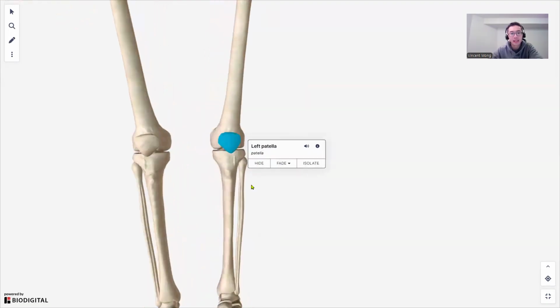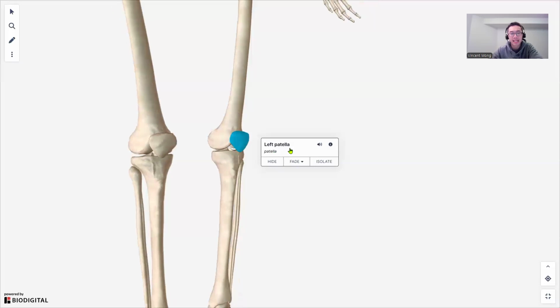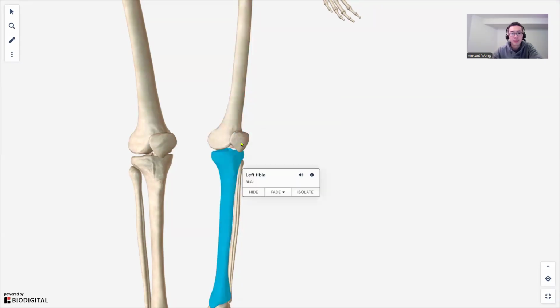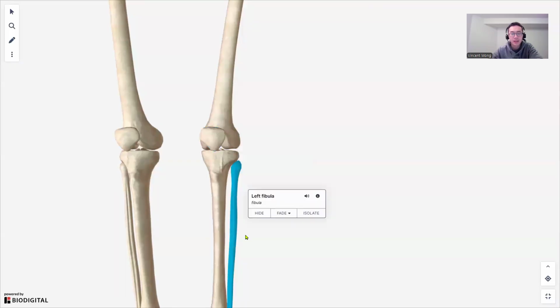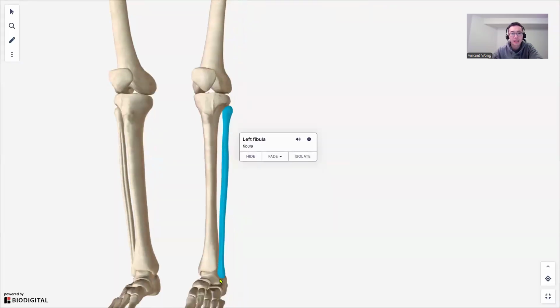Kneecap is called the patella. Femur, tibia, patella. And on the side, we have the fibula. Tibia, fibula.